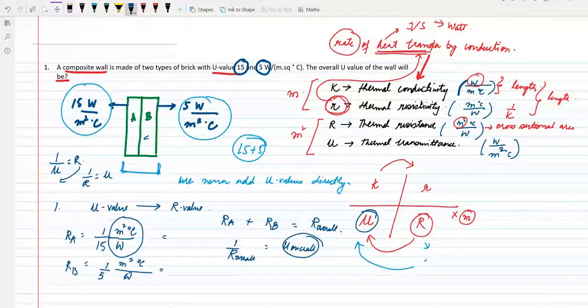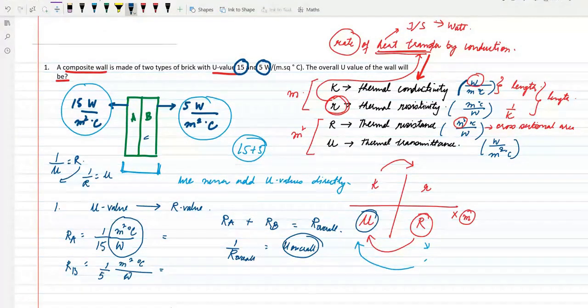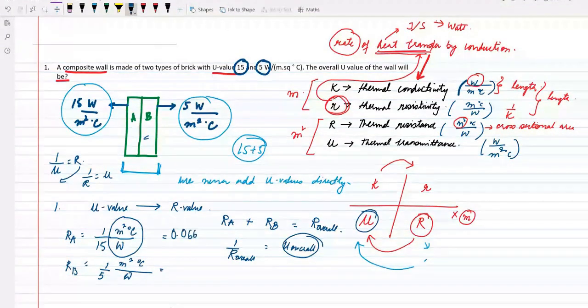Calculate. Here we'll get 0.066. Here we'll get 0.2. Add it out.